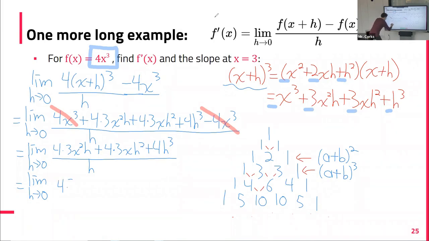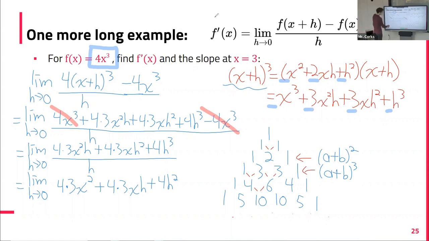Okay, so I'm going to write it as 4 times 3x squared. So the h on the bottom is gone, and then each of these terms has lost 1 h from them.